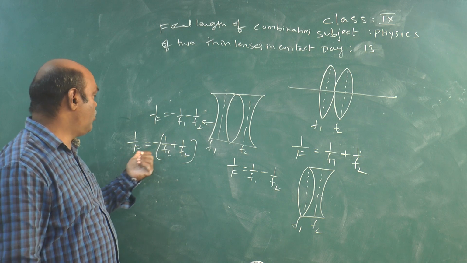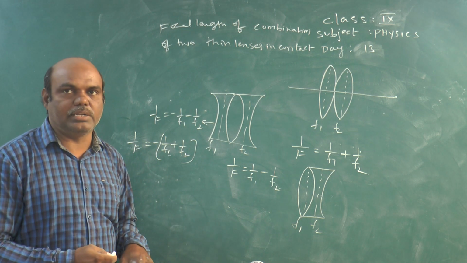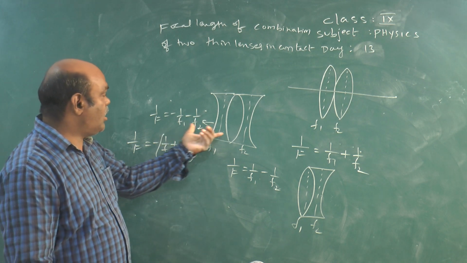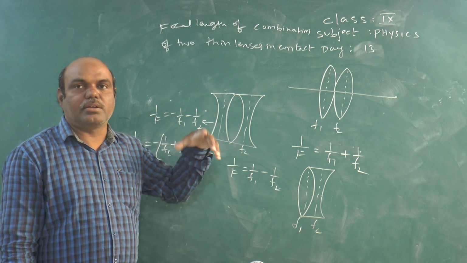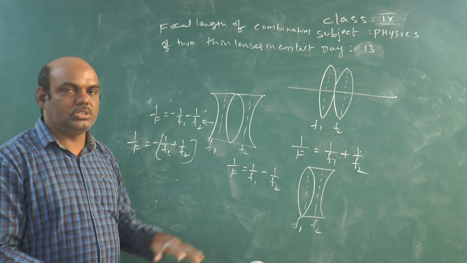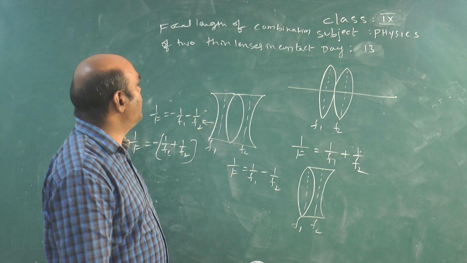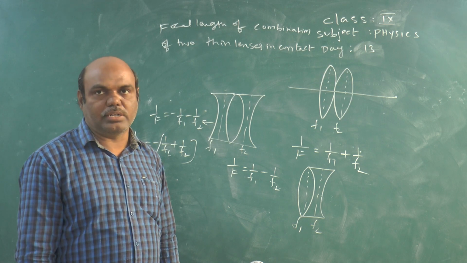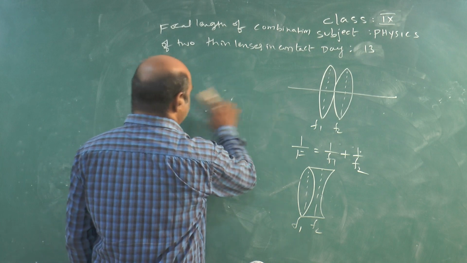So the effective focal length will be negative. That's why the combination of two concave lenses results in a concave lens. These are the concepts related to focal length of combination of two thin lenses in contact. Okay, now problems based upon these topics.